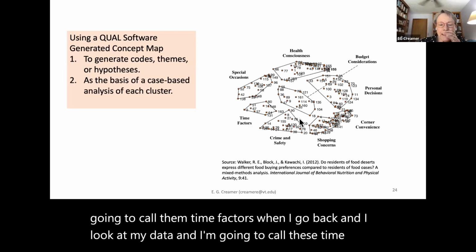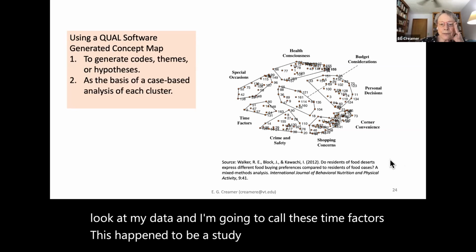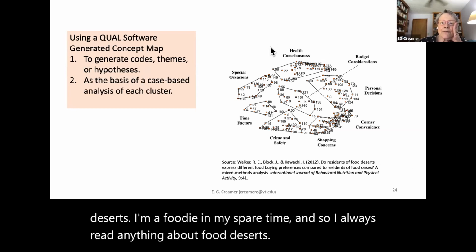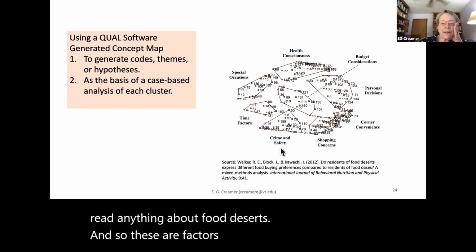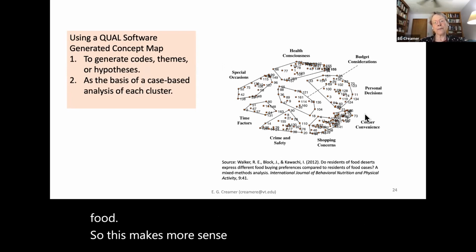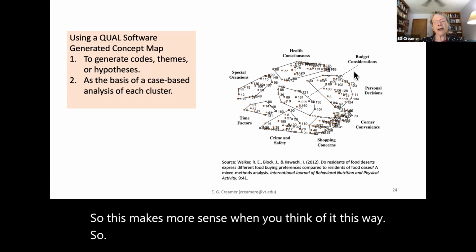This happened to be a study about food deserts. I'm a foodie in my spare time, and so I always read anything about food deserts. And so these are factors influencing choices about food. This makes more sense when you think of it this way. You've identified similar comments.